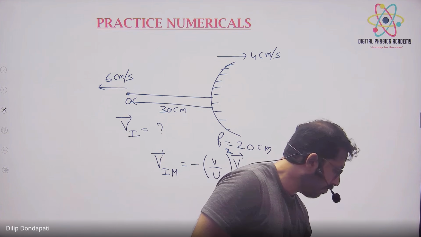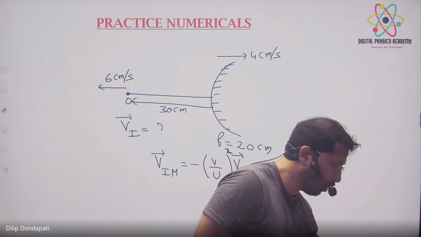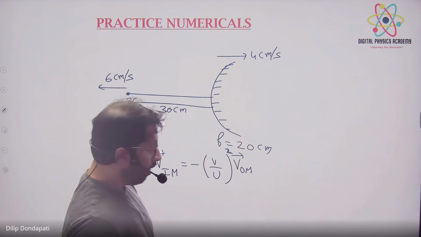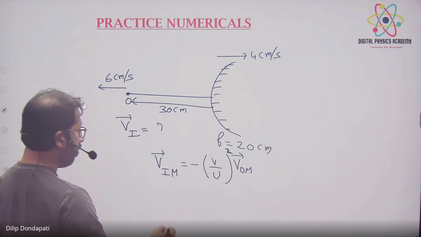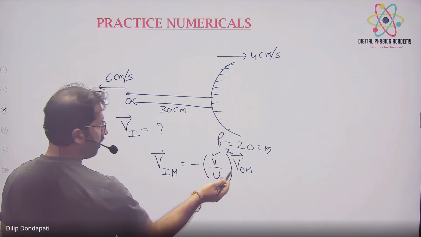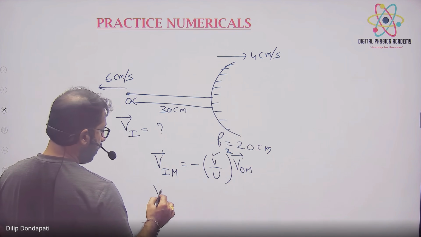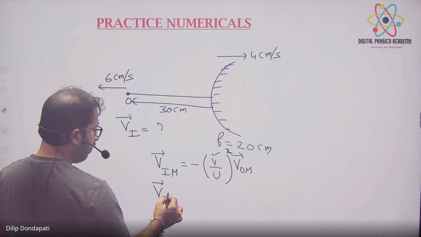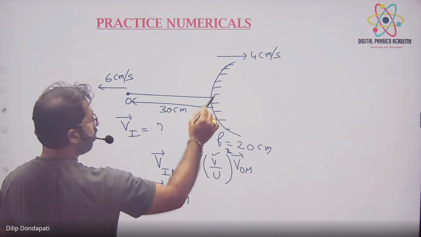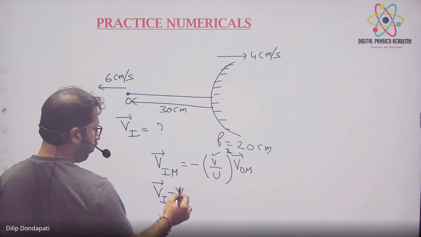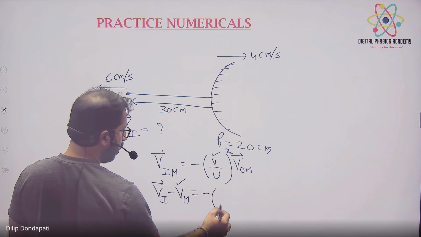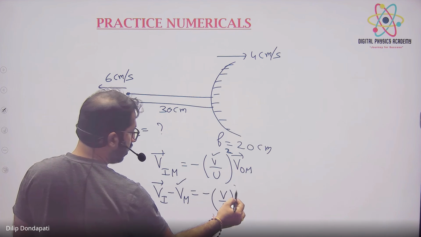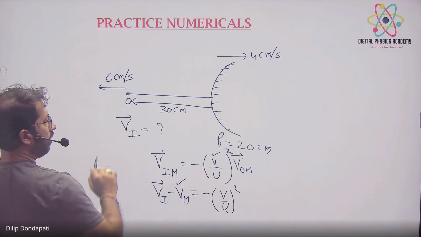So yeah, first V find करने का using the uf by u minus f. Then आपको V आ जाएगा because in the formula में we want to find V then only we can substitute. Now velocity of image this only we have to find minus velocity of mirror. How much that is? Right side वाला positive plus 4 आएगा is equal to minus V by U whole square. Everything you know, U is minus 30 right?